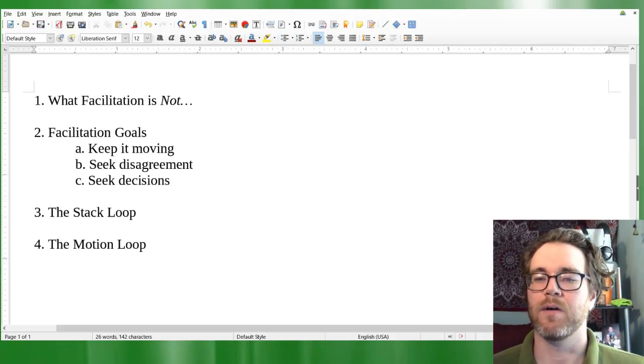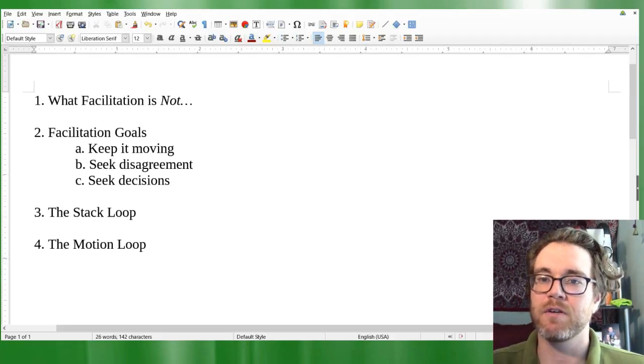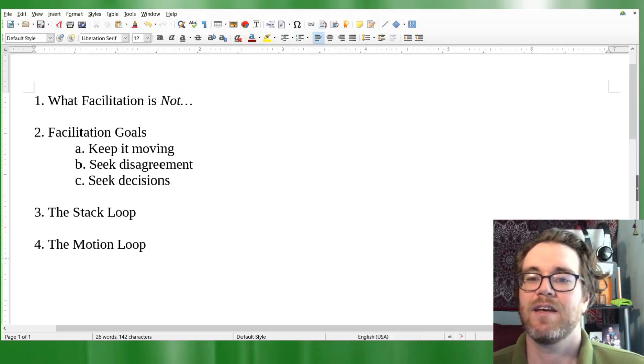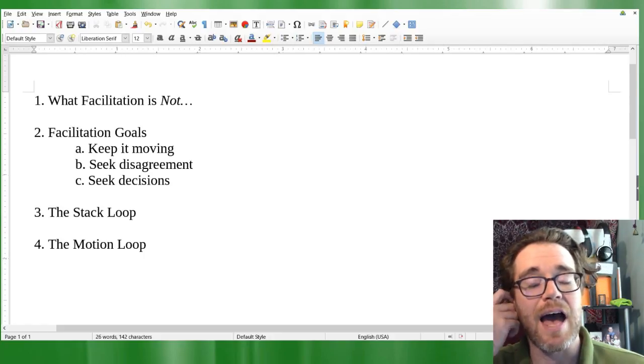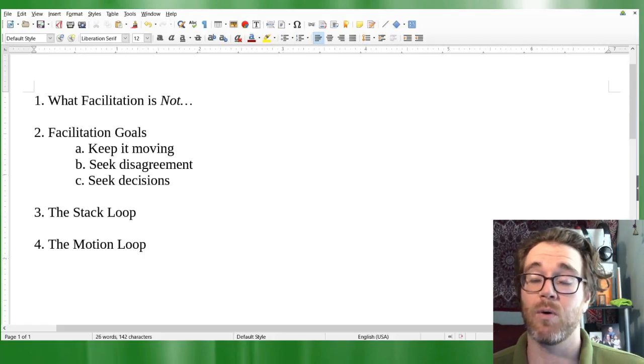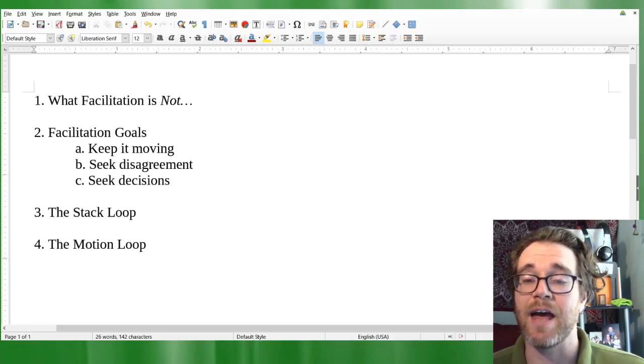So we're moving that voice to the forefront of the stack because we believe that there's value to that, and that is part of how we are trying to run our organization in a way that reflects the type of justice and equity that we seek to build in the larger world.